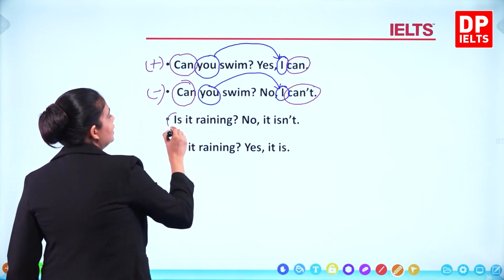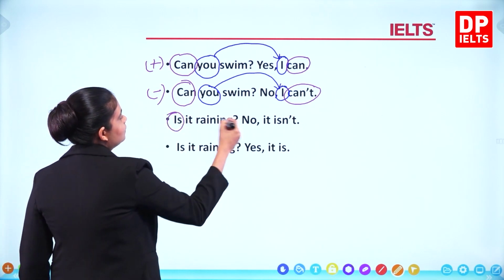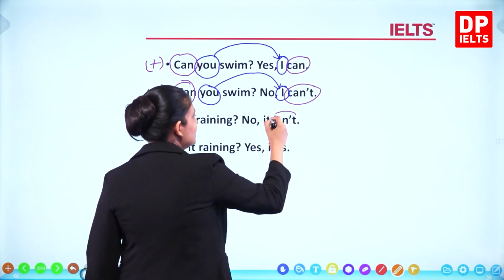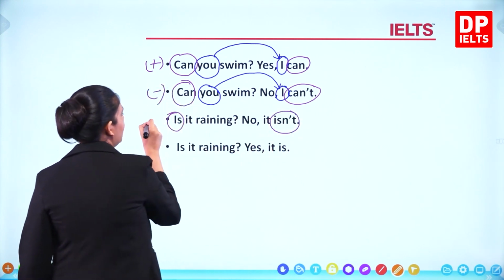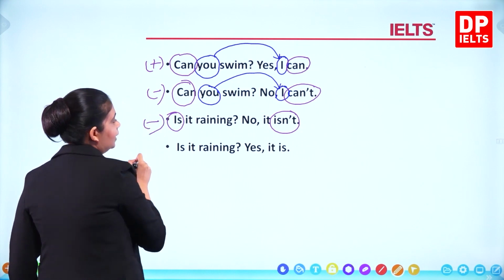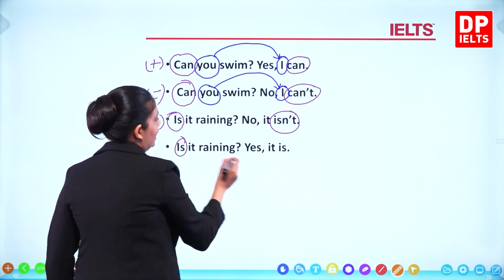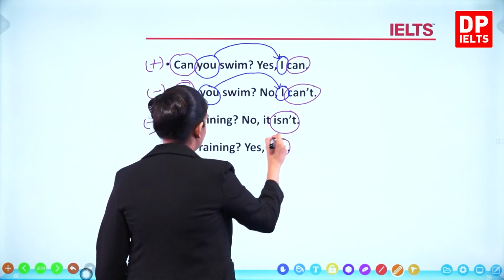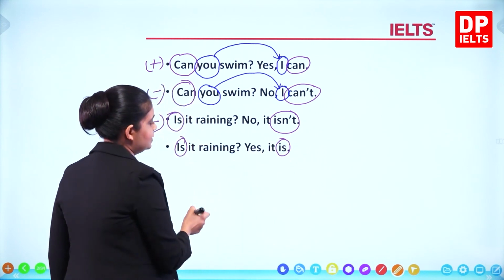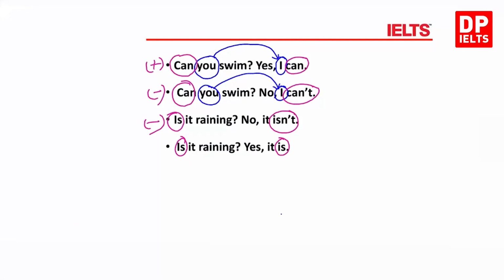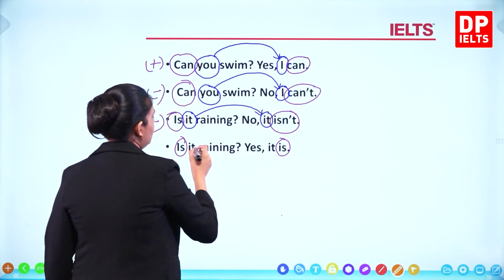Is it raining? Negative. No, it isn't. Again, negative form. Is it raining? Yes, it is. So is remains the same. It, here as well, it is it. It does not change.